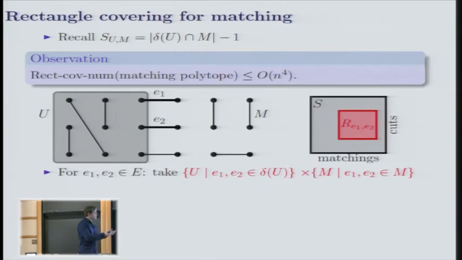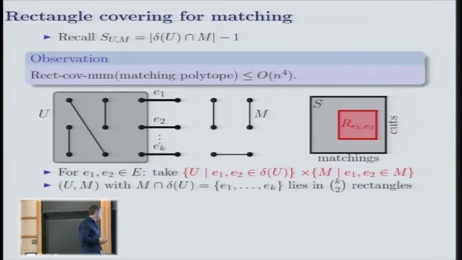Then if you look at the intersection of that odd cut with a matching, you're going to have at least those two edges in the intersection, so you're going to have a positive slack. On the other hand, for any entry where you do have a positive slack, you must have at least two edges, so it's going to be in one of those rectangles. Okay.